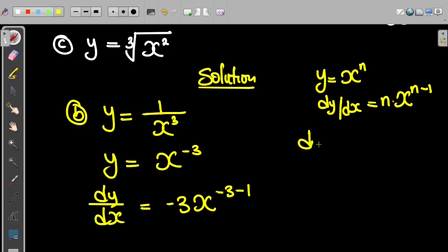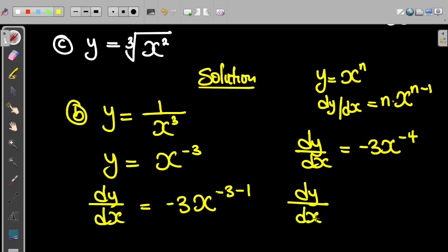So dy over dx will be equal to minus 3 multiplied by x to the power of minus 4. Now, it is good practice that you don't leave your exponent having a negative sign. So we have that dy over dx is equal to minus 3 divided by x to the power of 4.